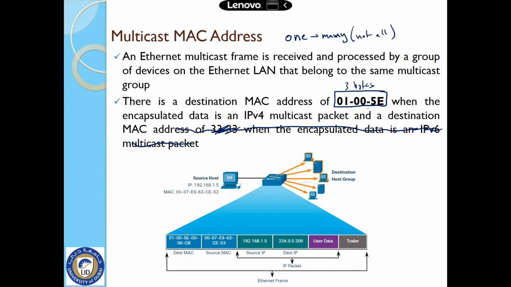So here, these are the first part, the first 3, and then there will be like an identifier to the subgroup, 0000C8. So here is the source address. It's the same here. This is the destination address, indicating this is a multicast. Then just a few computers, or a few destinations, will receive the message, and the others will not get the message.